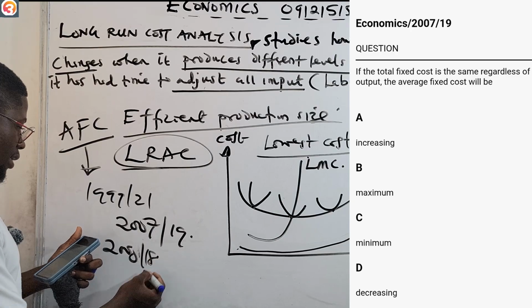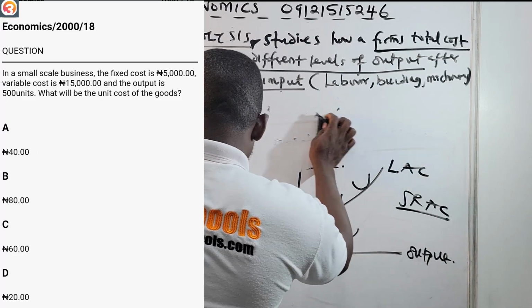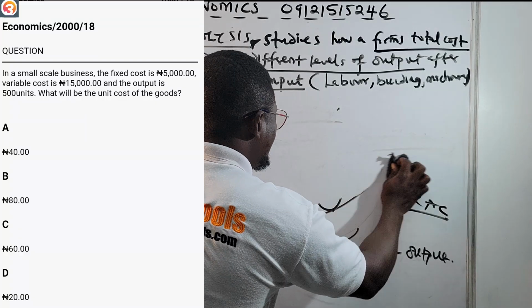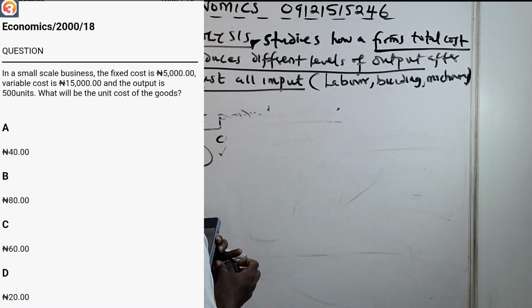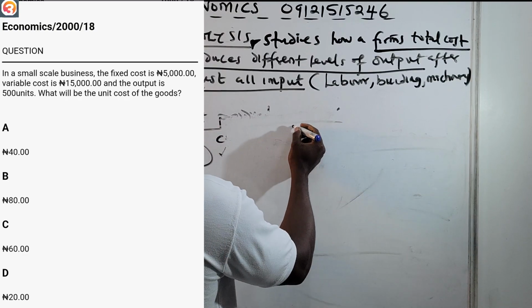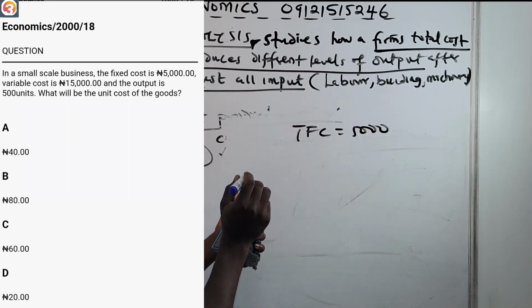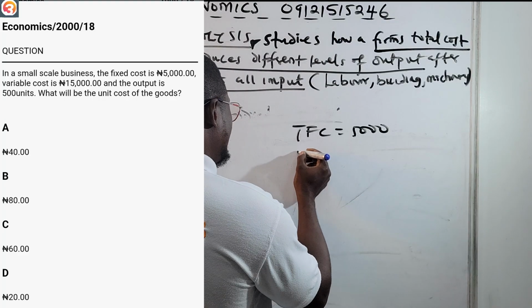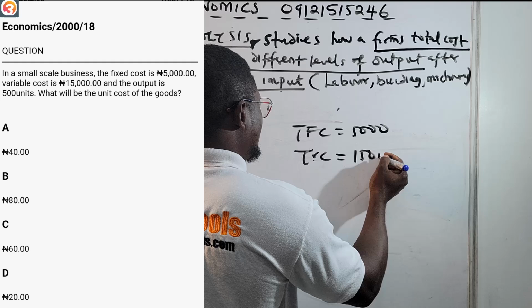Now let us see 2000, number 18. This is a calculation question, so let me take this side of the board. It says that in a small scale business the fixed cost is 5,000 naira. We're given that the total fixed cost is 5,000 naira. Then we're told that the total variable cost is 15,000.